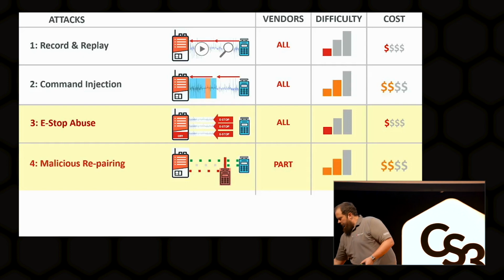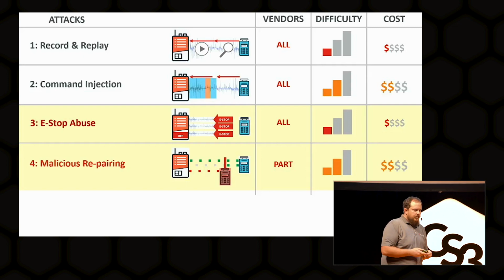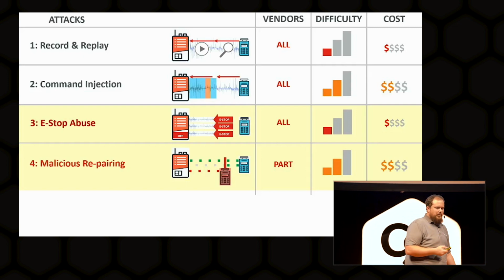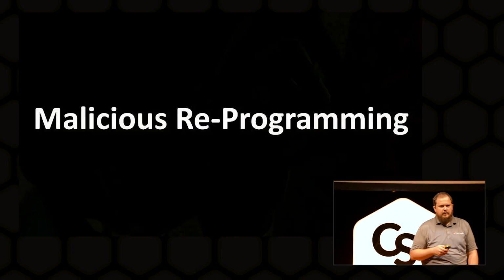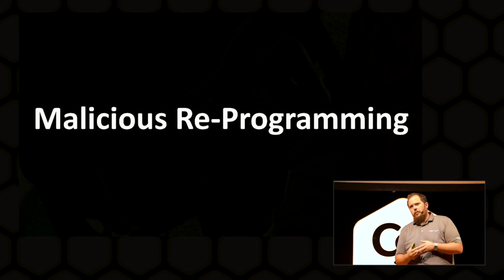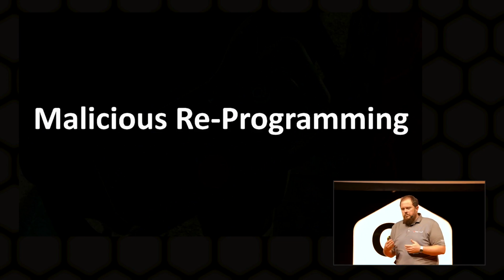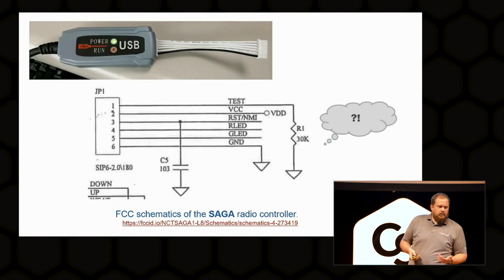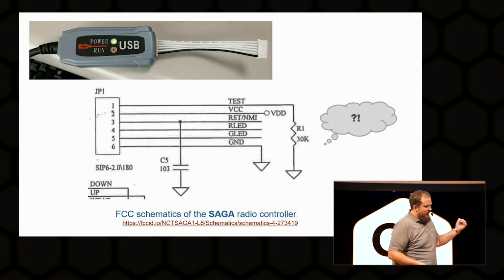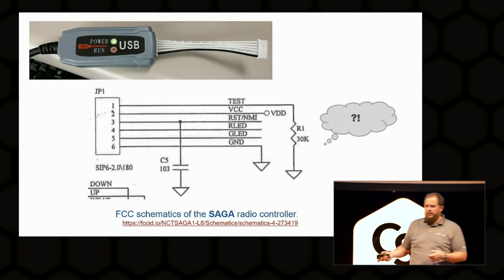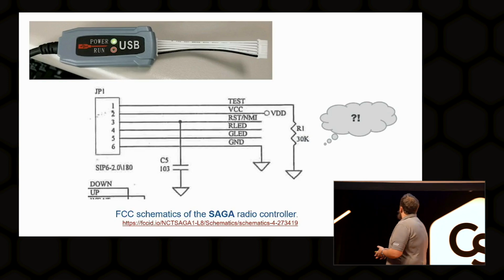So, what about if we did malicious reprogramming? We wanted to see if we could reprogram the firmware on some of these to be malicious. Short of the story, yes. Here is the SCADA radio controller, which is this one here.